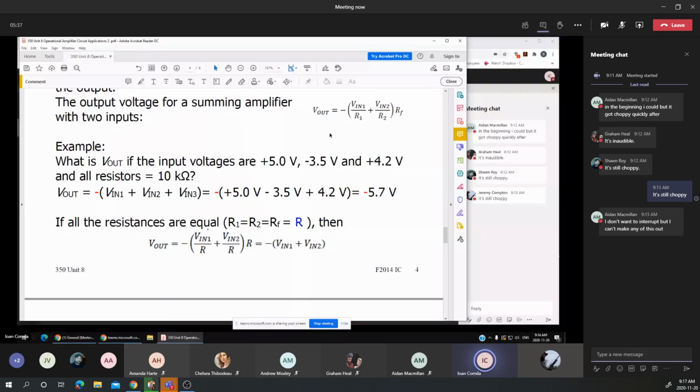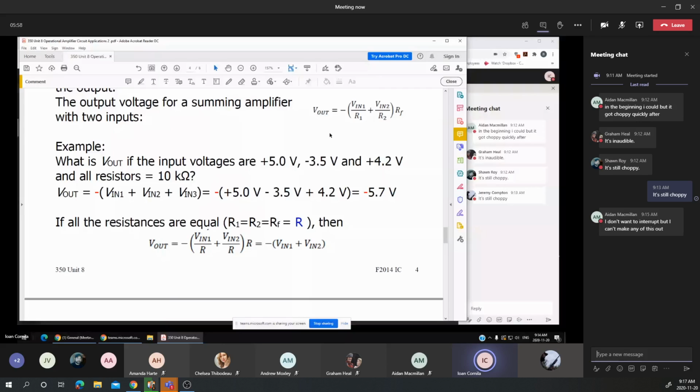Means that a different value for RF gives a different gain, and we end up with a summing amplifier with a gain greater than 1.